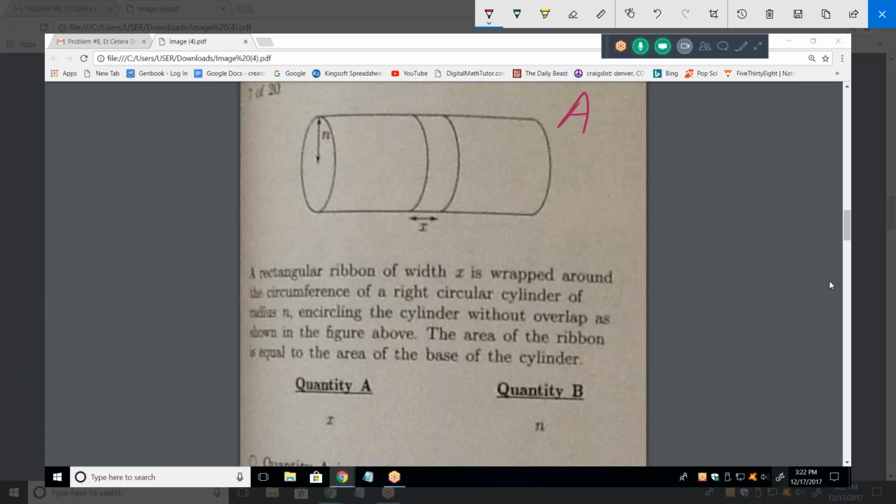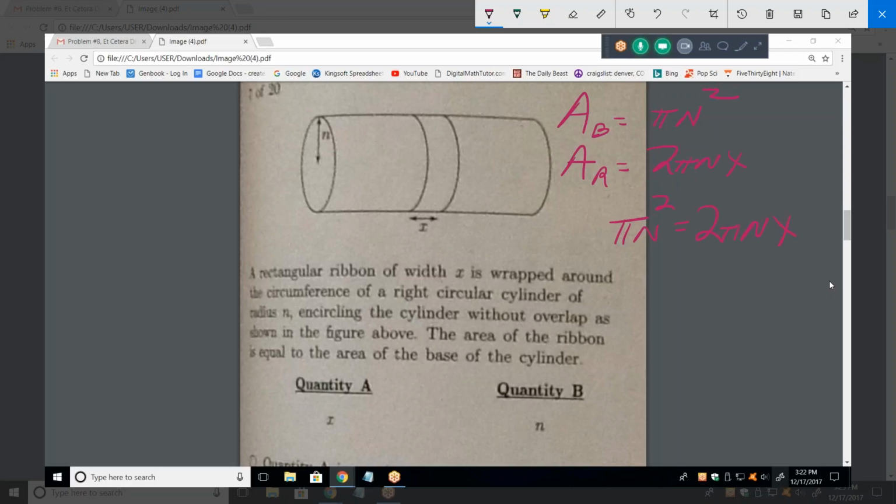So let's try again. The area of the base is pi n squared. The area of the ribbon is 2 pi n times x. And it wants the area of the ribbon to be equal to the area of the base. So I now can say pi n squared equals 2 pi nx, correct?